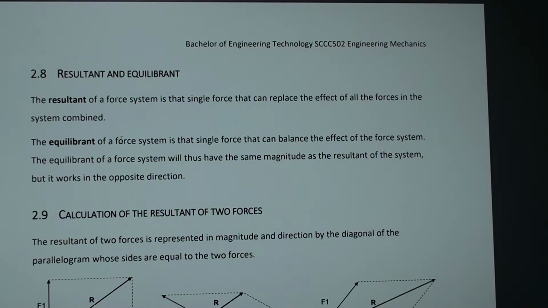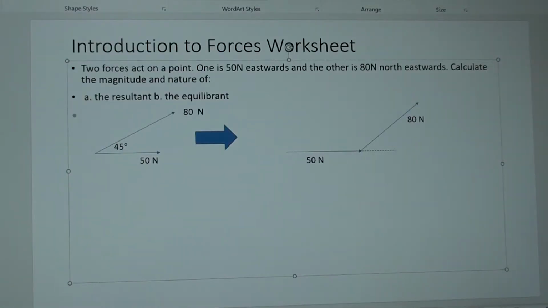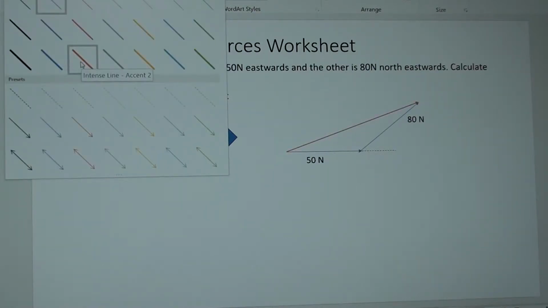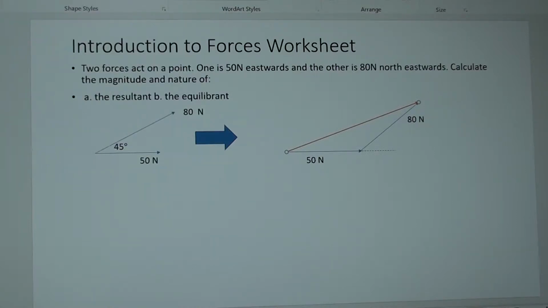So it means we represent the 50 and the 80 newtons by one force which is called the resultant. So if I come back here, I will replace this force starting from the point we started, going to the end, and that will be called my resultant force. I will give it this color to distinguish between them, and I will give it a capital R letter, representing my resultant force.